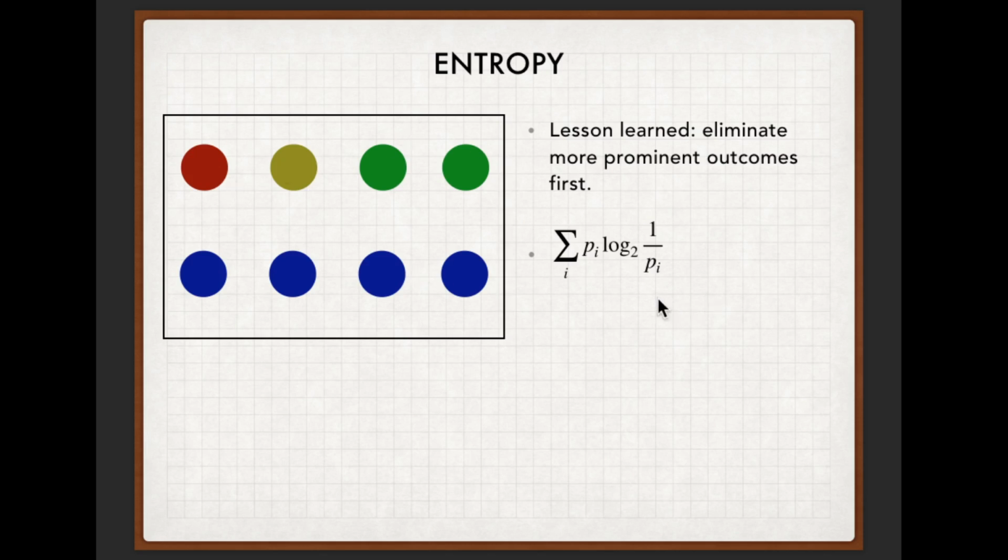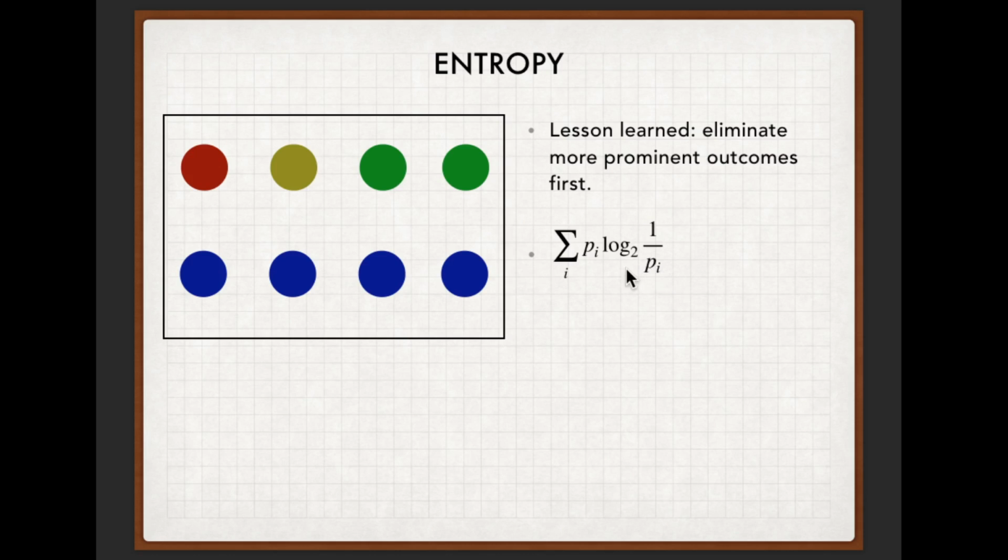On the other hand, if the chance is large, say it has half of the chance, then its probability is 0.5, and its inverse is 2, and therefore you want to use only 1 question to reach this outcome, and therefore log 2 of 2 is 1.